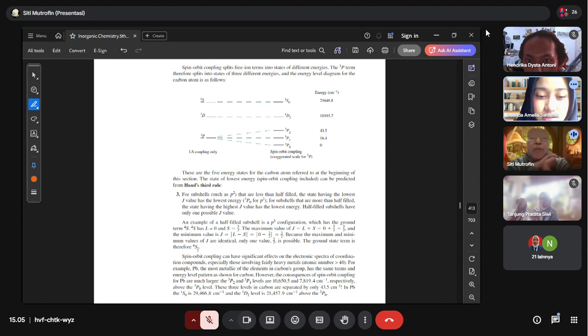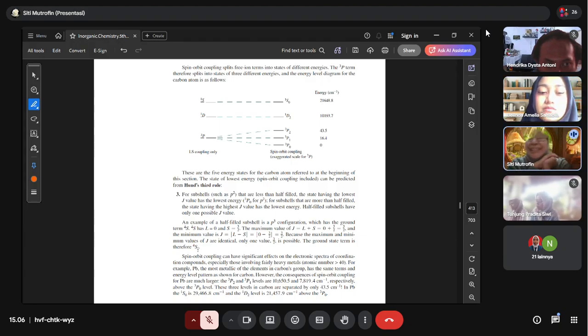For subshell, what does it mean? That means the table we have learned about, capital S and L, S. No, before.